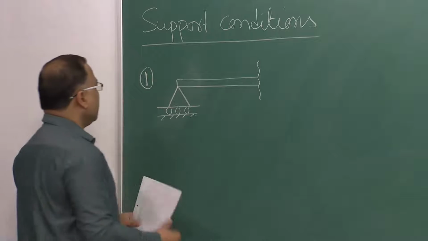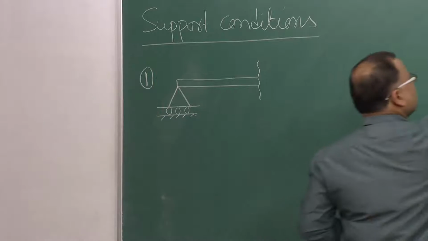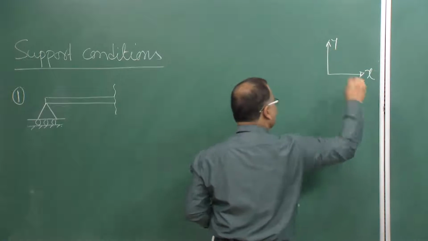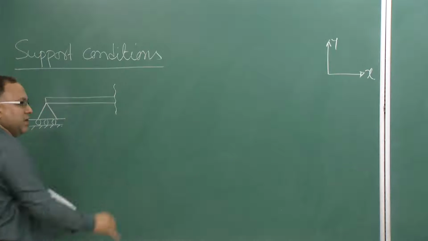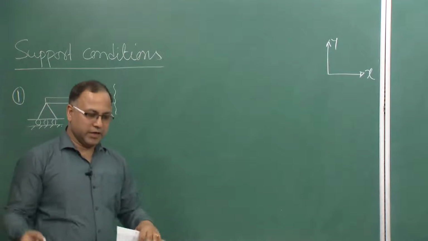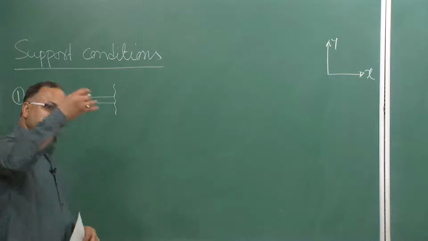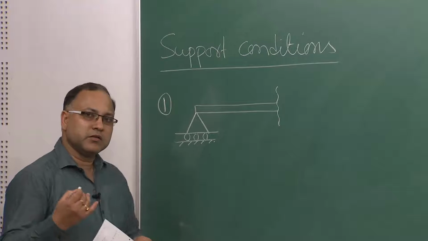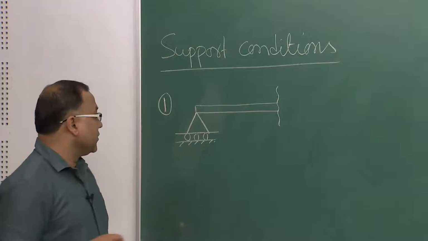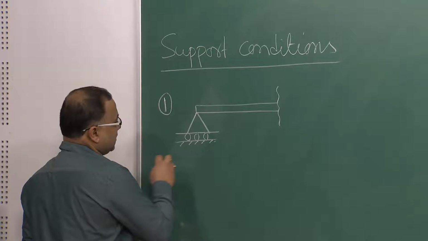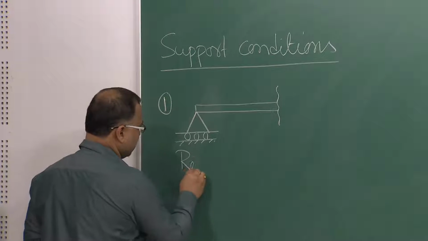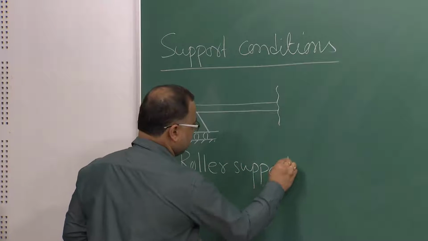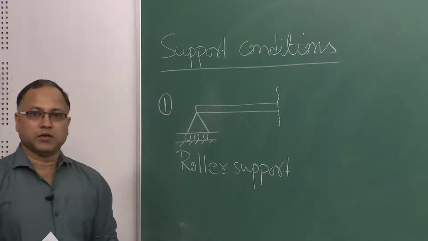If I consider this as my xy plane, this beam is spanning in the xy plane. This is a planar structure; in the z direction we are not considering at this moment. So, this support is known as roller support, as it is resting on rollers.